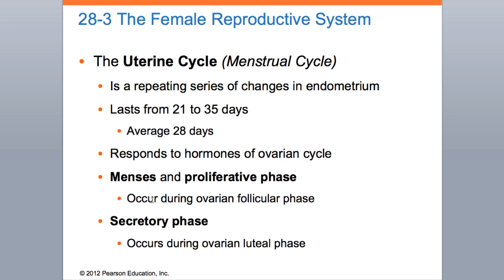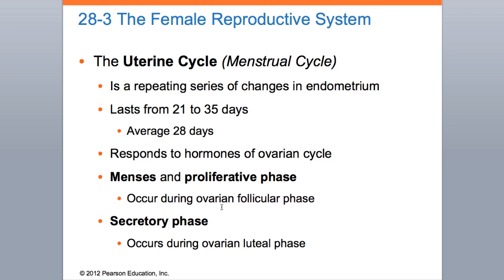Day 21? No. When? I mentioned it'll occur when? Day 1, which will come after day 28 if we assume a 28-day cycle. So it'll be on day 29, which is really day 1, day 2, day 3, day 4, day 5. So those first 5 days of the next cycle is when menses will occur.